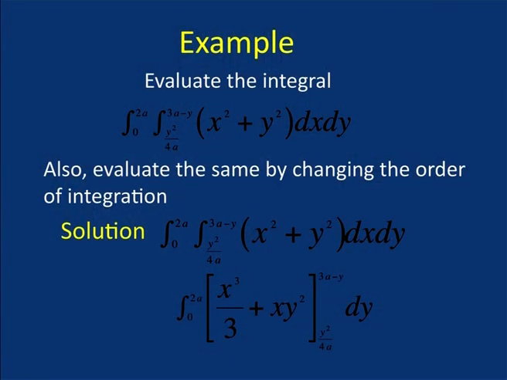The integral from 0 to 2a, integral from y squared upon 4a to 3a minus y, of x squared plus y squared dx dy becomes the integral from 0 to 2a of x cubed upon 3 plus x y squared, from the limits y squared by 4a to 3a minus y, dy.